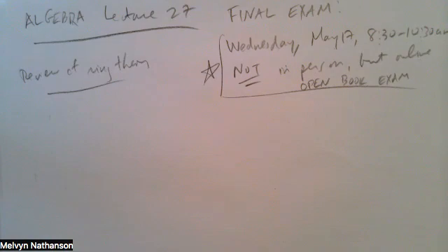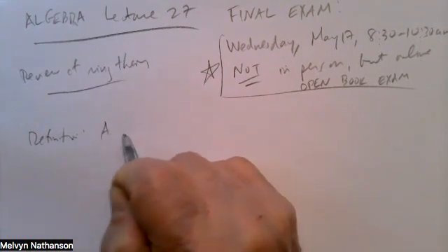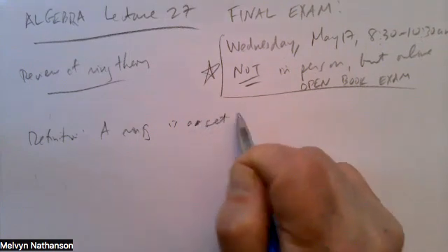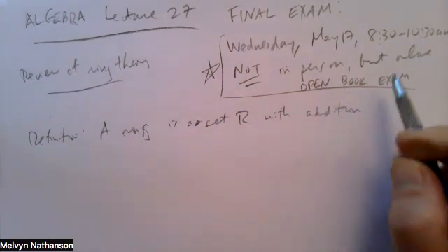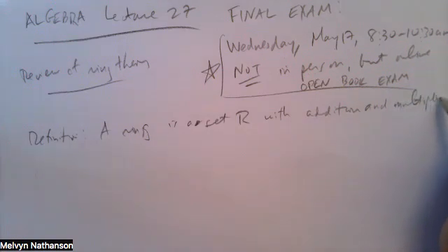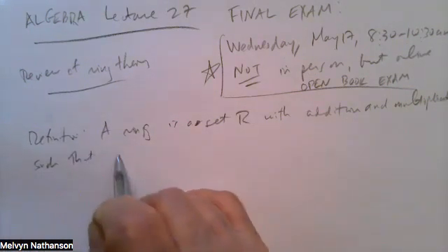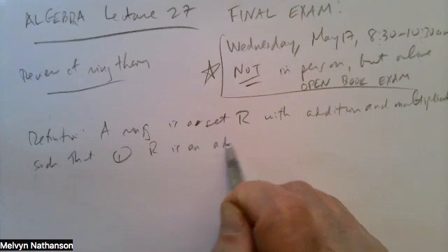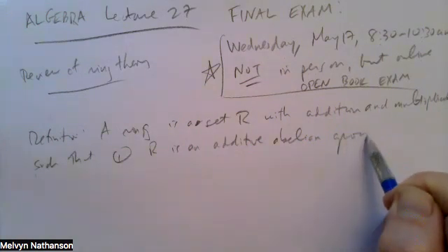And we'll start off with the definition. So again, a ring is a set, let's call it R, with 2 operations, addition and multiplication, that satisfy the following 3 properties. First, under addition, R is an additive abelian group.